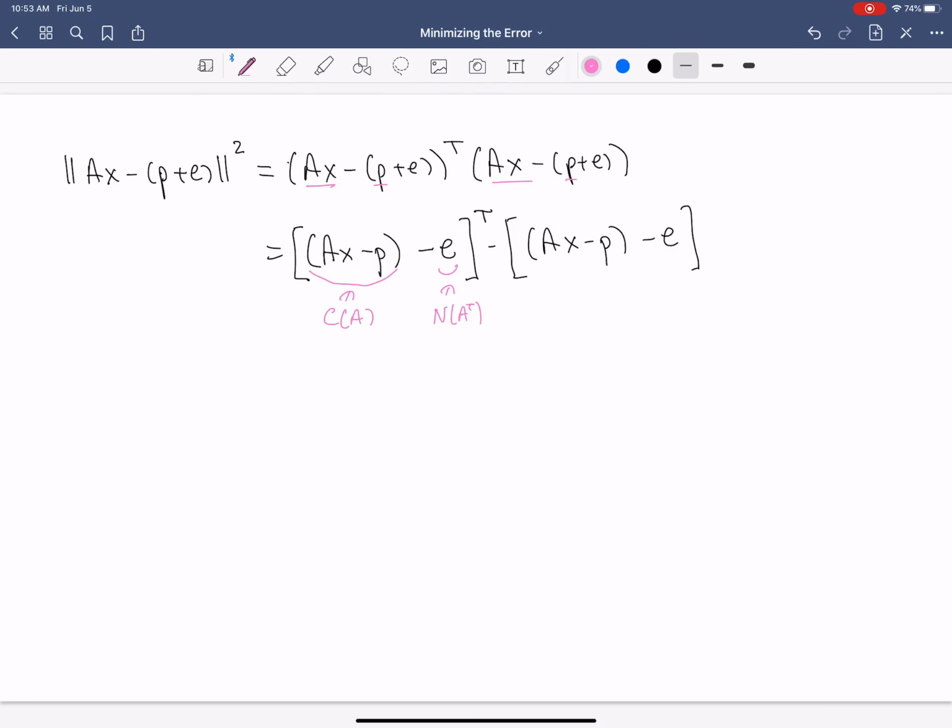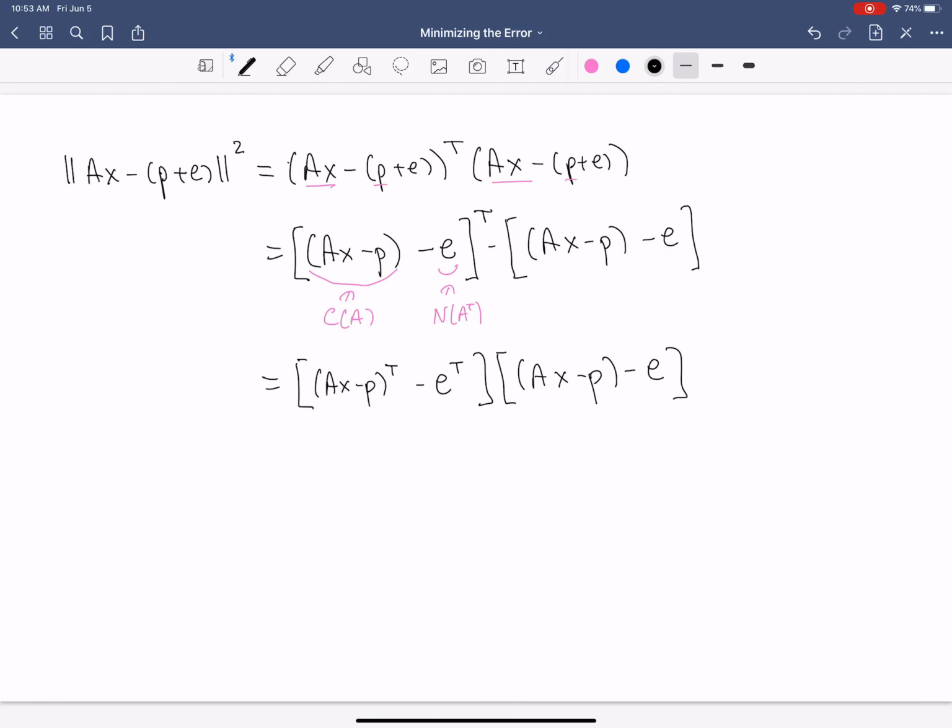Why is that important? Well, let's do a little bit more algebra here. I'm going to distribute this transpose and write AX minus P transpose minus E transpose times AX minus P minus E. What am I trying to do? I'm trying to use orthogonality. I want things to be 0 here.